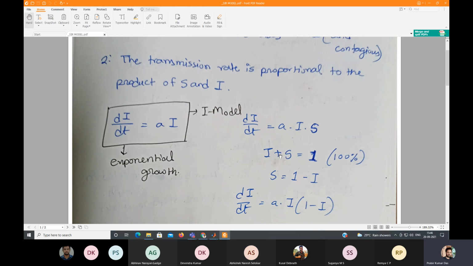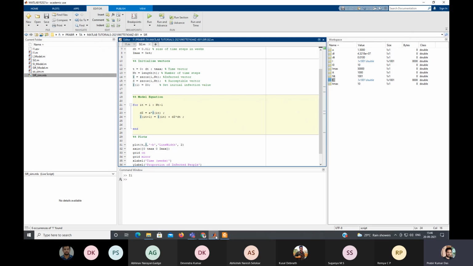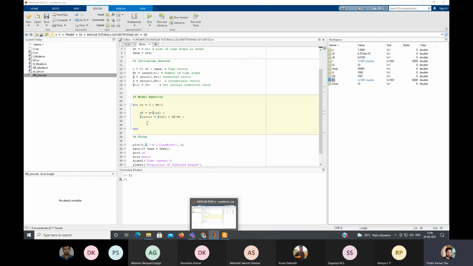Basically here our infection rate depends on the product of infected population and also susceptible population. Both variables affect the infection rate, but in the previous equation only the number of infected population affected this rate. So we have to modify our code a little bit.